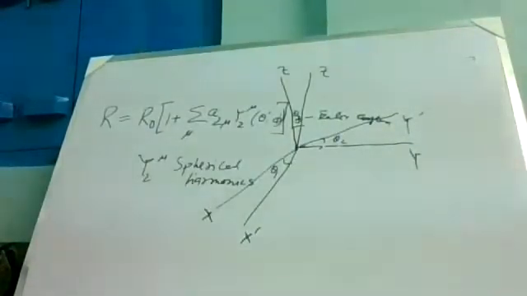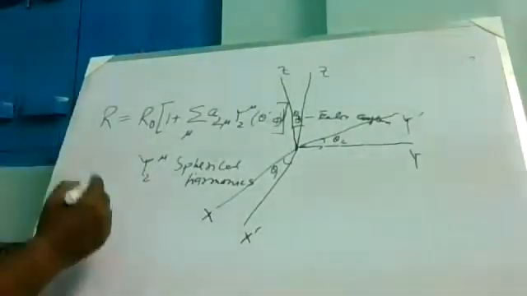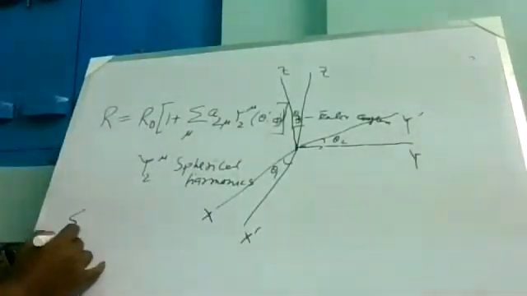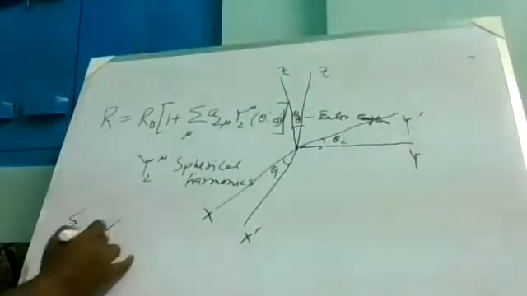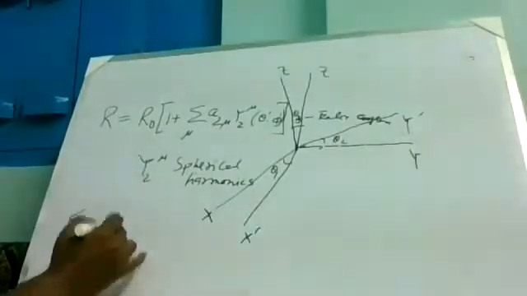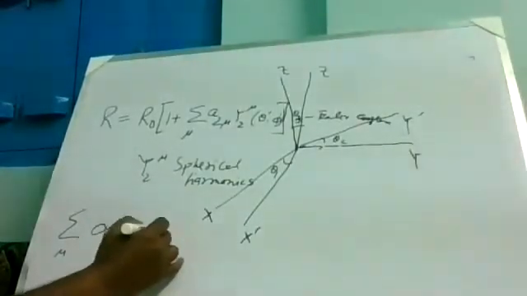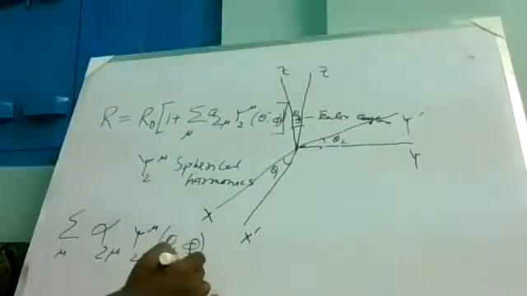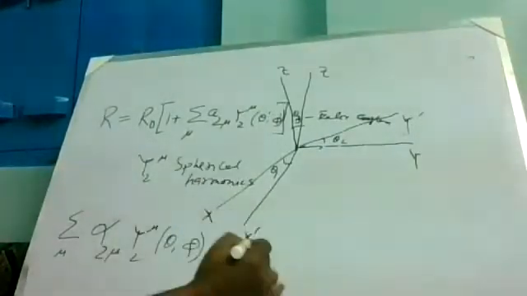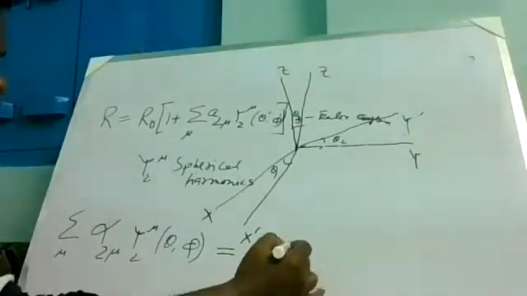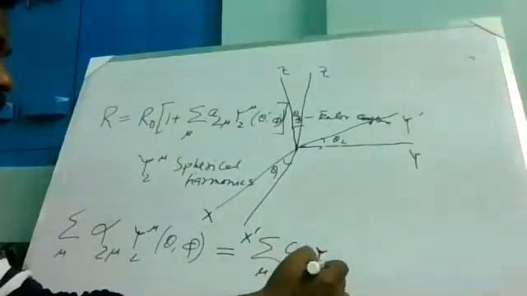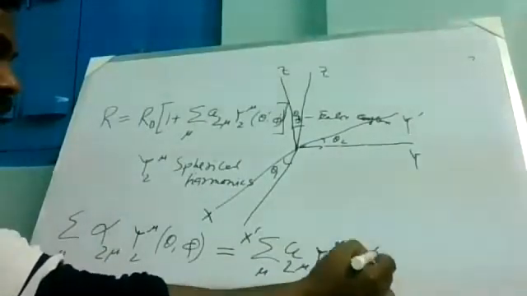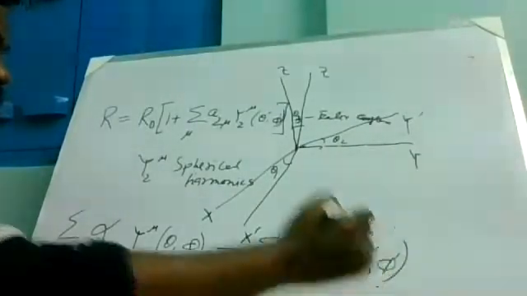But we consider that the deformation is in such a small amount that in this equation also holds: summation over mu alpha 2mu Y2mu theta phi must be equal to the summation over mu A2mu Y2mu theta dash phi dash.